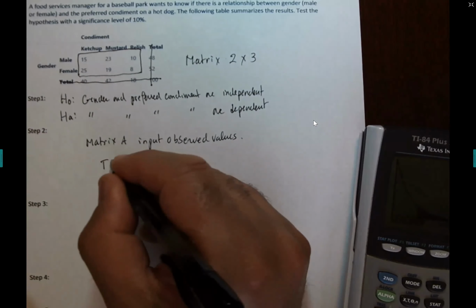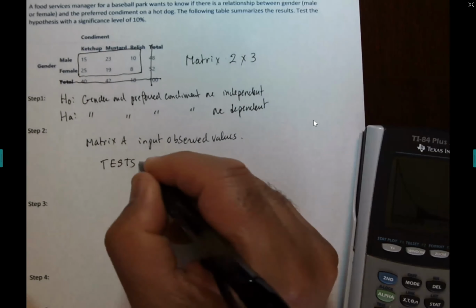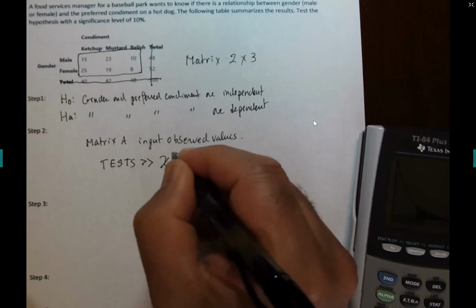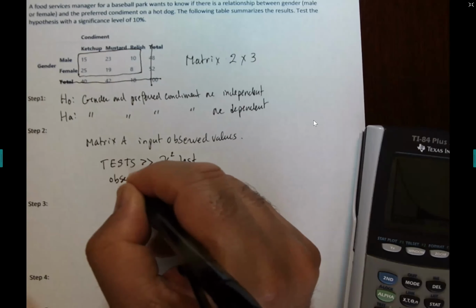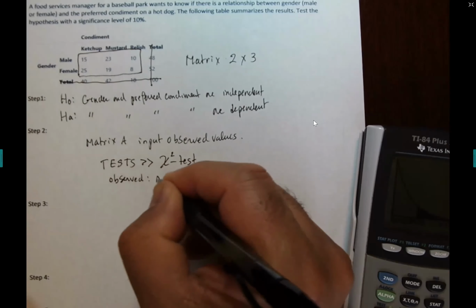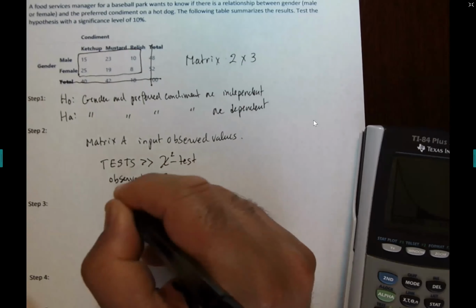So tests, chi-square test, observed. I'll write them down so you know it's in matrix A, and calculate.